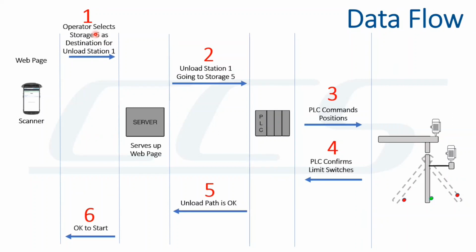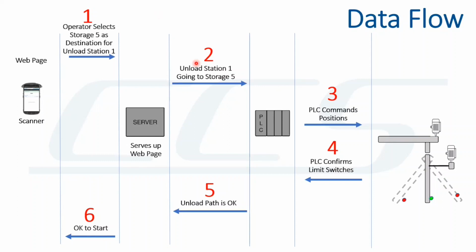For example, if the railcar contains red pellets, only destinations set up for red pellets are available to choose from, or destinations that have no product assigned and are available for any product. So already we know that storage destination 5 is a valid place to send the contents of the railcar at unload station number 1.